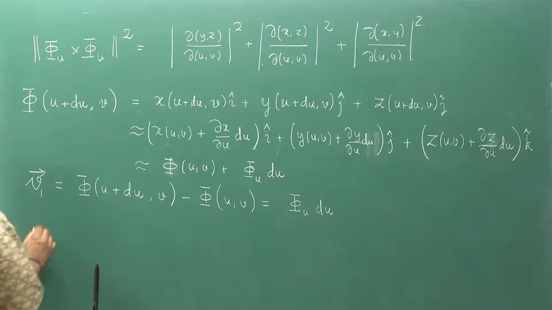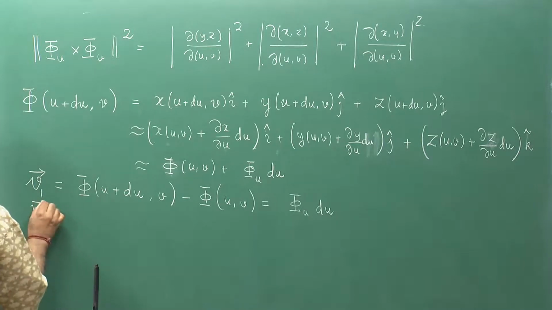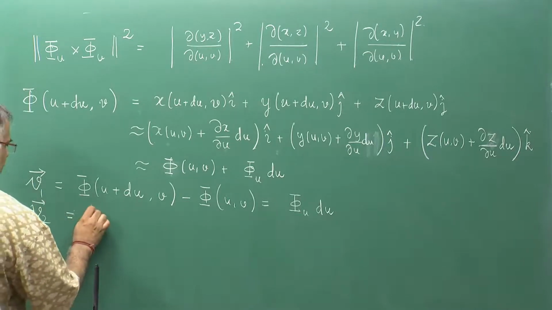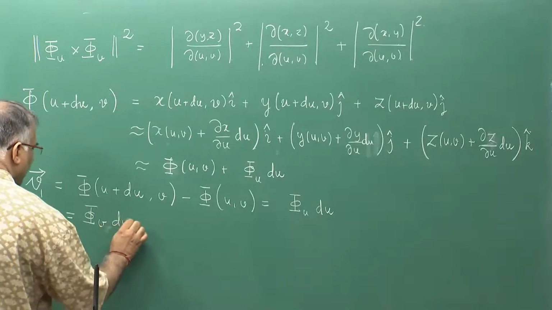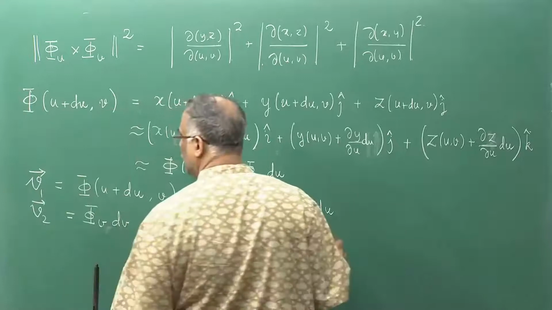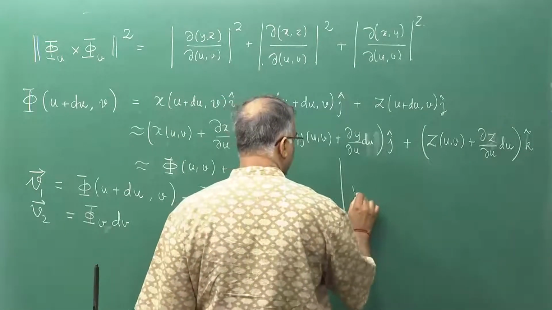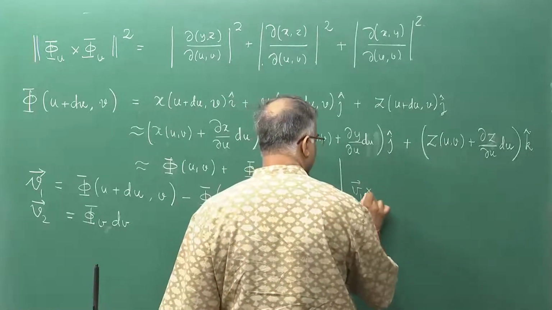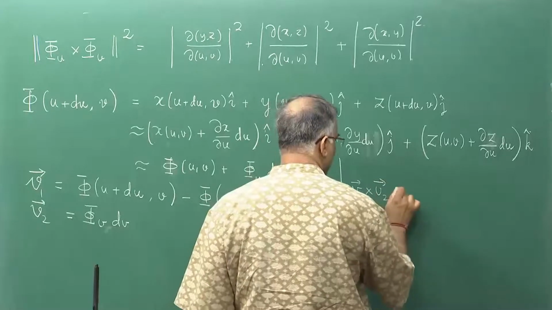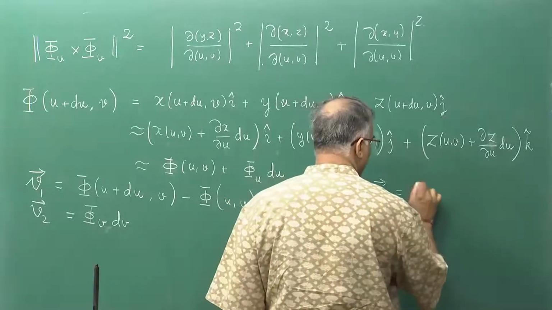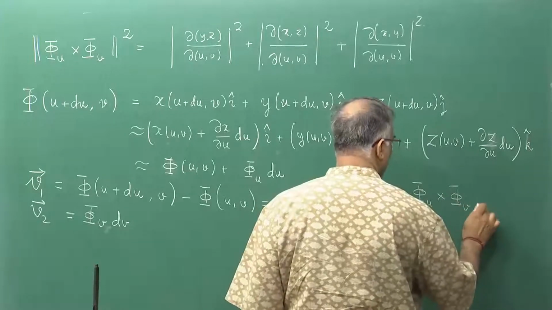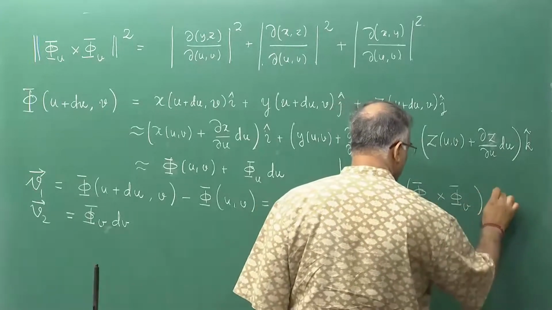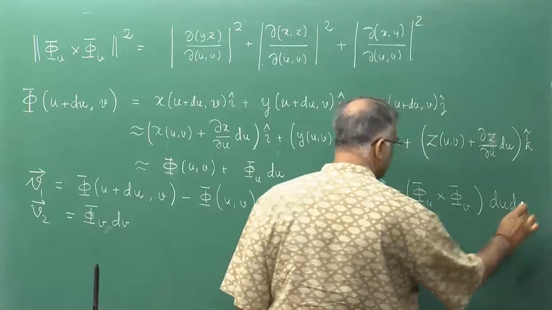And similarly the v2 vector, by symmetry, can be written as phi v dv. So now when you are doing v1 cross v2, which is your ds vector, what you simply get is phi u cross phi v into du dv.